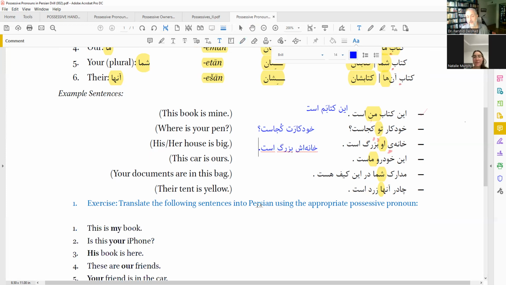Now here the next three phrases are plural. The first one is این خودرو ماست. This is our car.